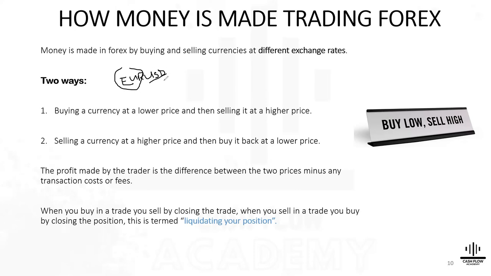Simple. So now, if the price is at, let's say, €1 is equivalent to $1, and then it increases in price, 1 unit of euro is now equivalent to $2. What happens? I actually bought euro. So since I have the euro, I will now sell it to buy dollar, because I used $1 to buy €1.